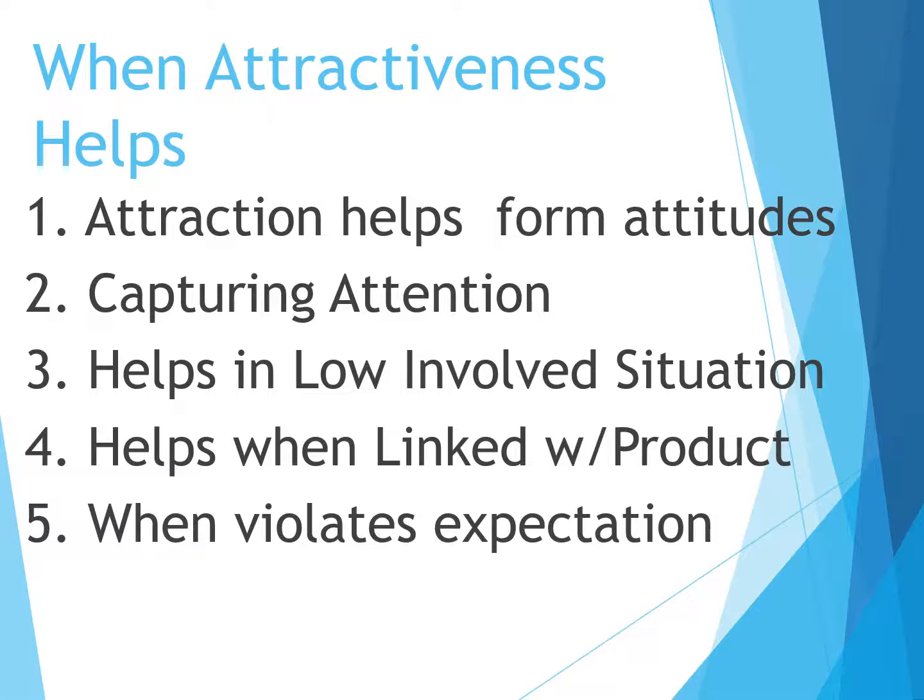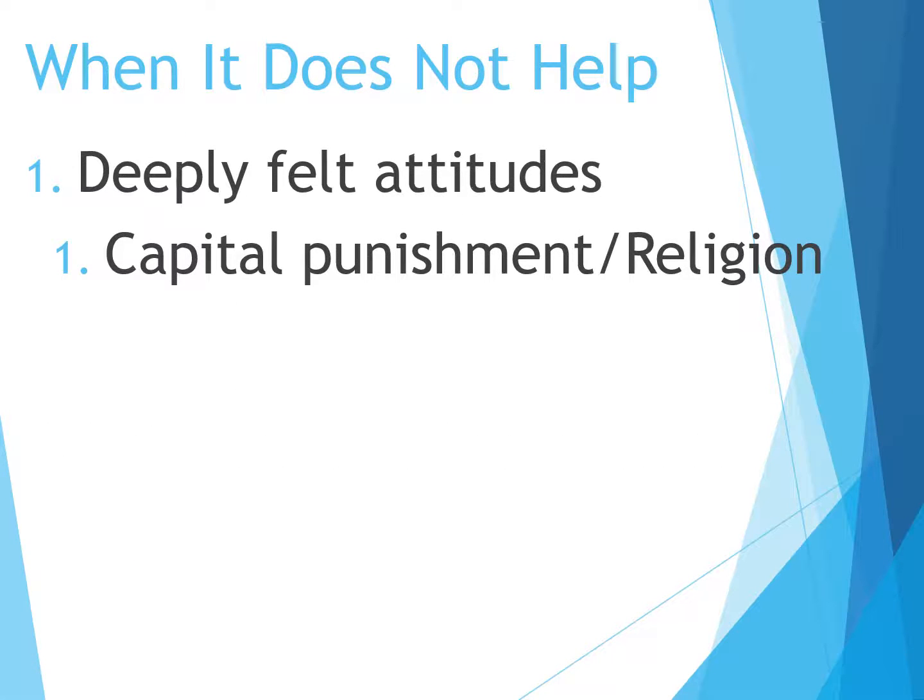Now, attractiveness does not always help, so let's look at some different persuasion situations that are not going to be helped by attractiveness. Attractiveness does not help with deeply felt attitudes, okay?